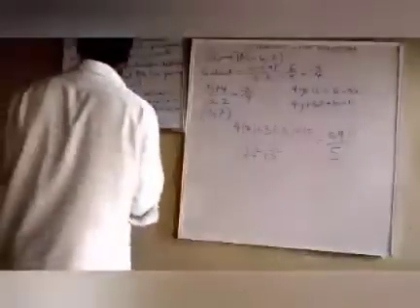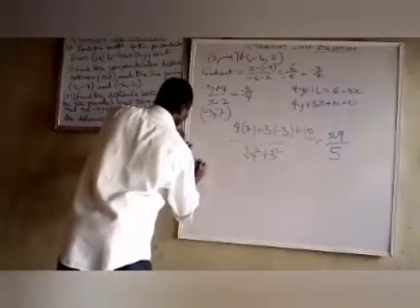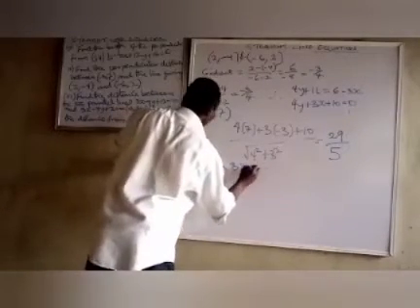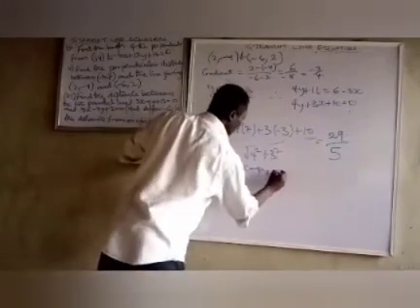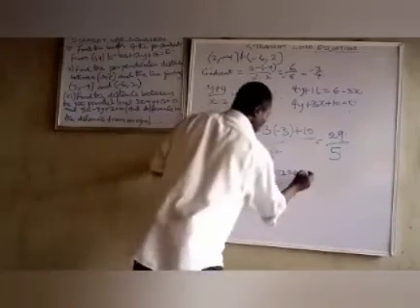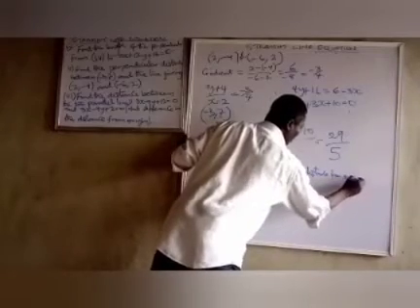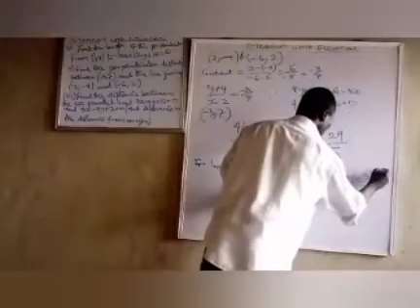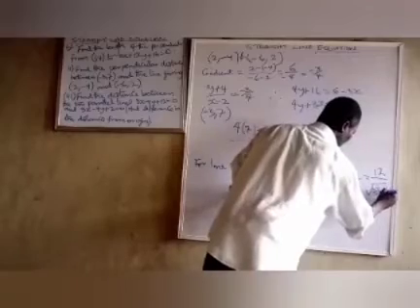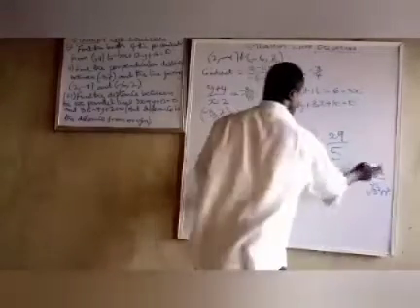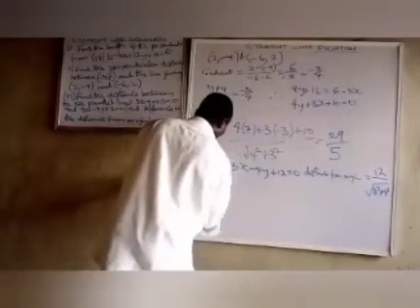Now for the third one, it says find the distance between these two parallel lines. Let's find it for the line 3x - 4y + 12 = 0. The distance from the origin will be equal to 12 over the root of 3 squared plus 4 squared. Because this is positive here, let's leave it positive for now. So that will be 12 over 5.